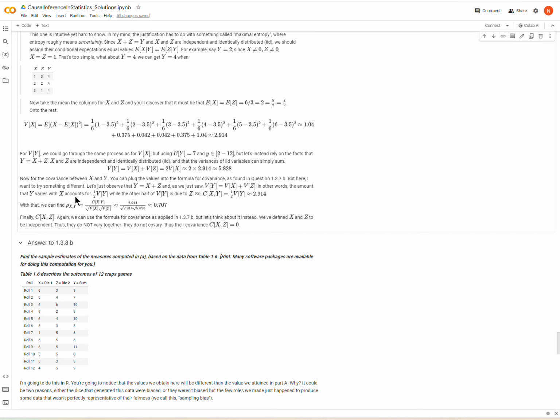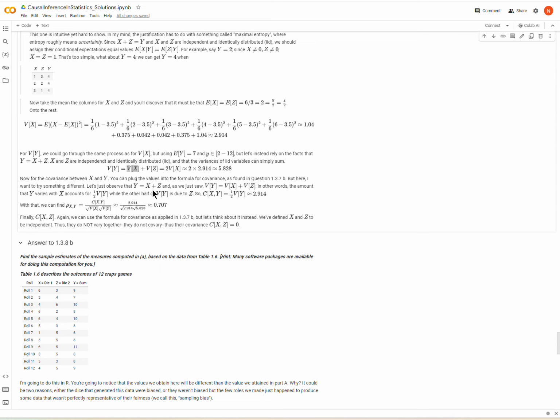Okay. So now we move on to the covariance between x and y. In the previous question, 1.3.7b, you can look at the covariance formula and churn through all of that, and that's fine. But here I want to take a different tack, building on what we just did. Here we know that the variance of y, as stated just now, is the variance of x plus the variance of z.